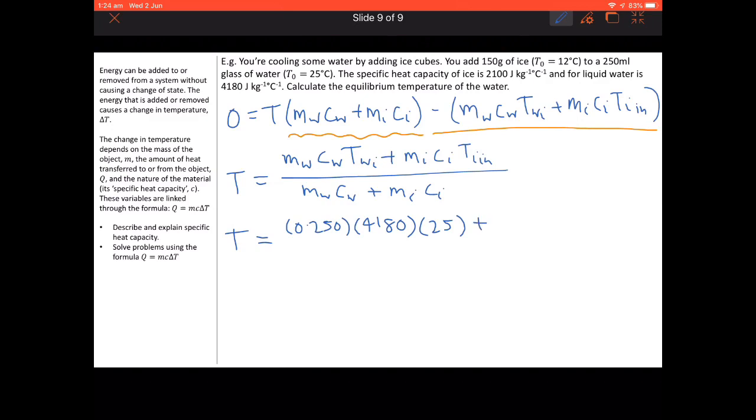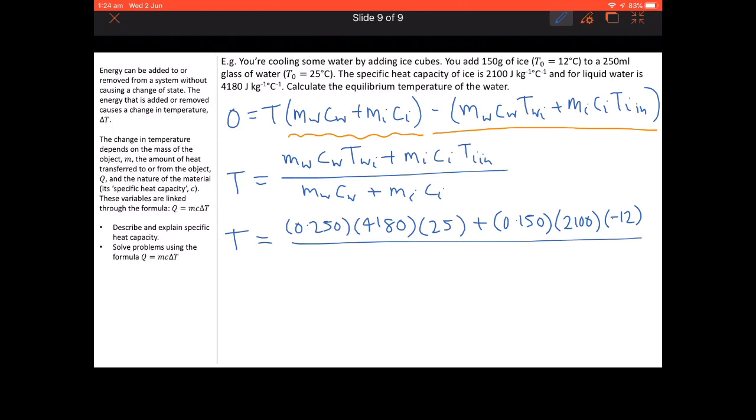And then we're adding the mass of ice, which is 0.150, specific heat capacity is 2100, and then the original temperature is minus 12 degrees. Then we divide all of that by the mass of water multiplied by the specific heat capacity of water, plus the mass of ice multiplied by the specific heat capacity of ice.